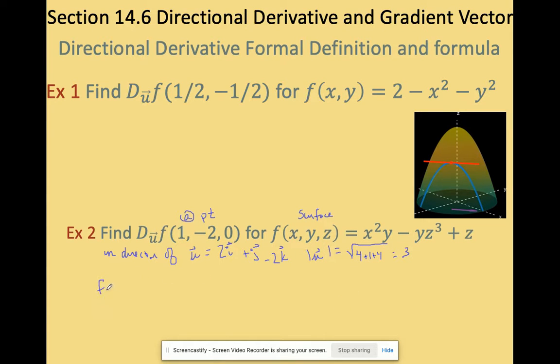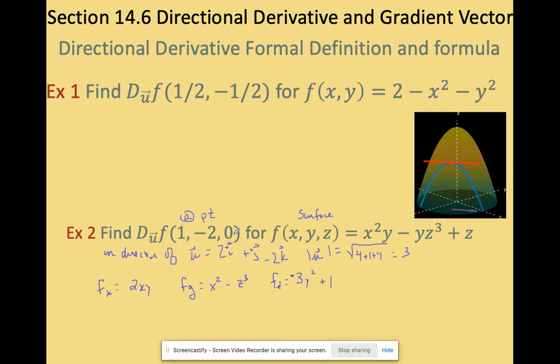So I need my partial x. And what would my partial x be this time? And then there's no constant. Partial y. And partial z. Sorry, I dropped a negative there.